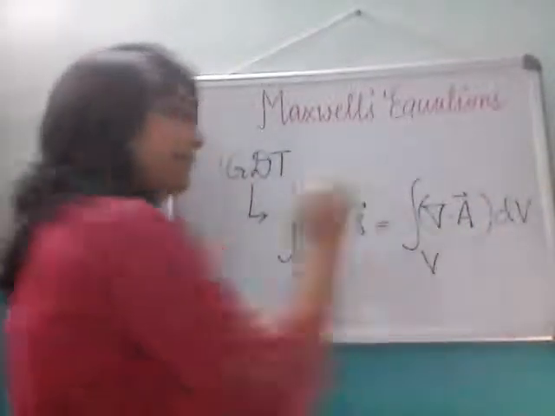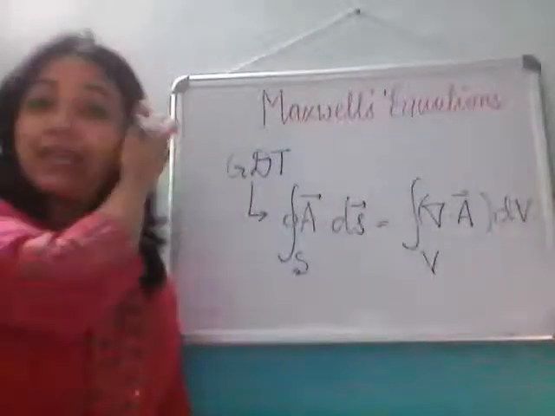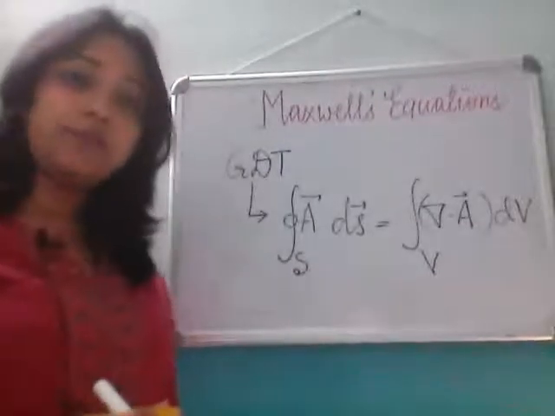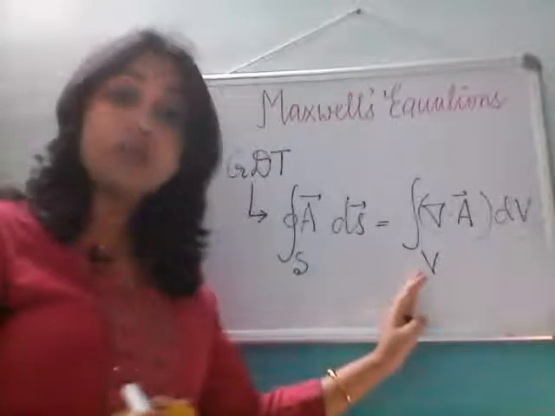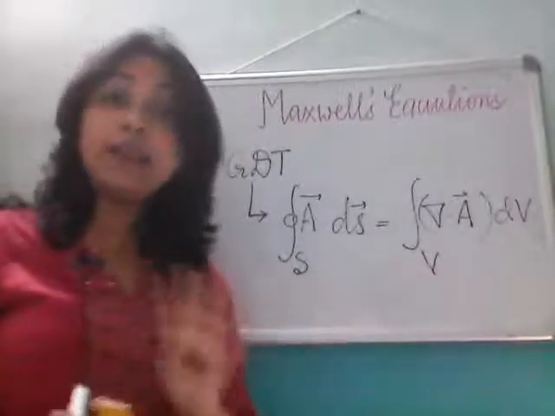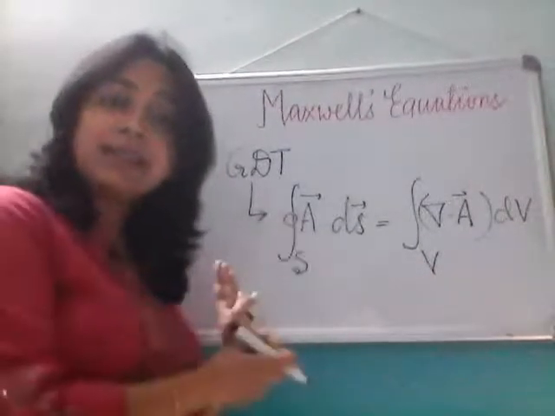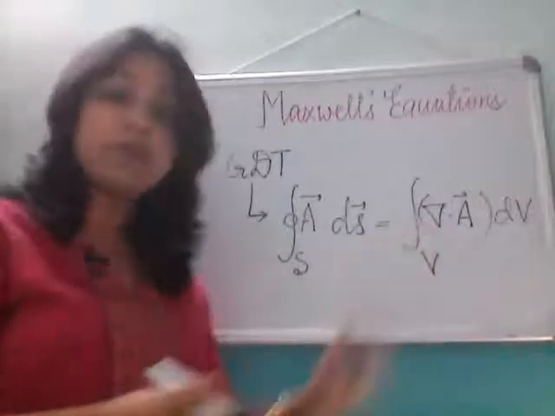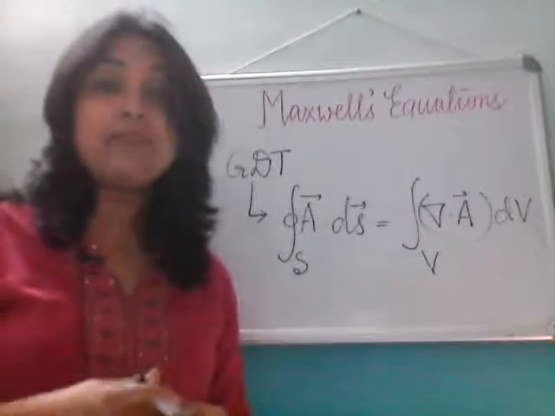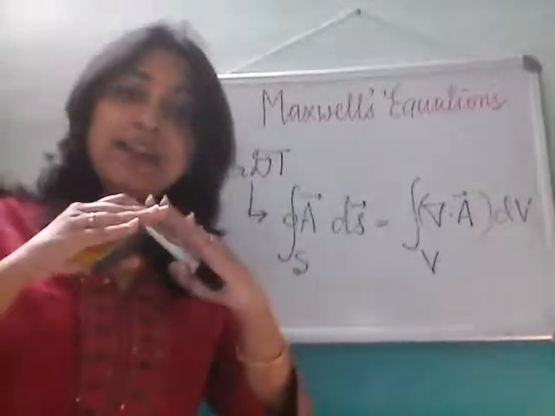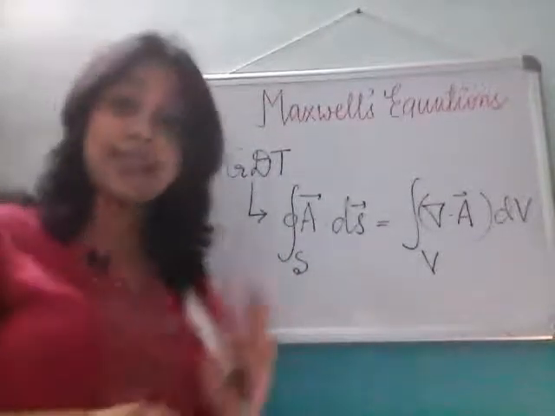Okay, so please carefully note one point all of you, that this surface that we have written here as well as this volume that we have written here are not independent of each other. It is not that this S is an arbitrary surface and this volume is any given volume. This volume V is actually the volume which has been suspended within this closed surface.